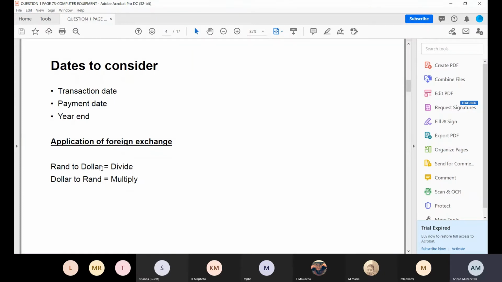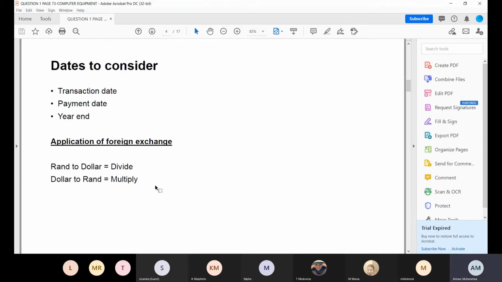The dollar is always superior to the rand. Let's say, for example, 1 rand equals $1. Then if you get foreign exchange given as rand to dollar, you must divide. This is key, because if you don't apply division, every conversion that you did is going to be wrong. And when you're given dollar to rand, you must multiply.